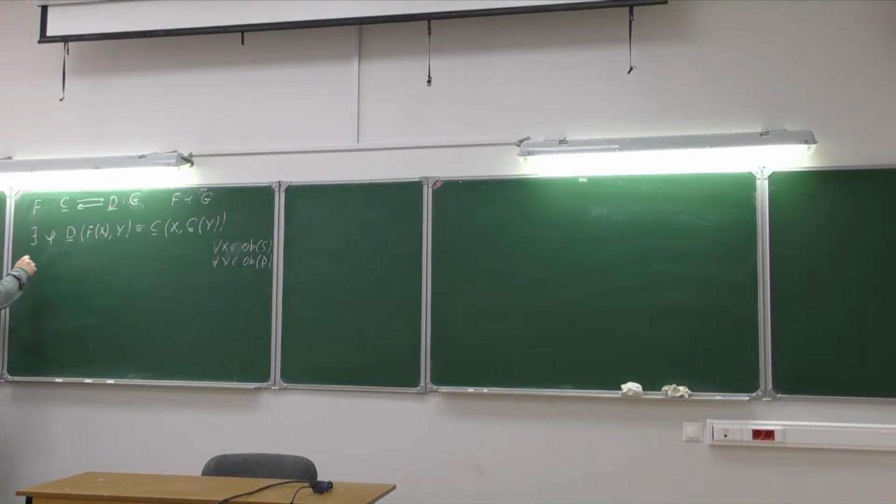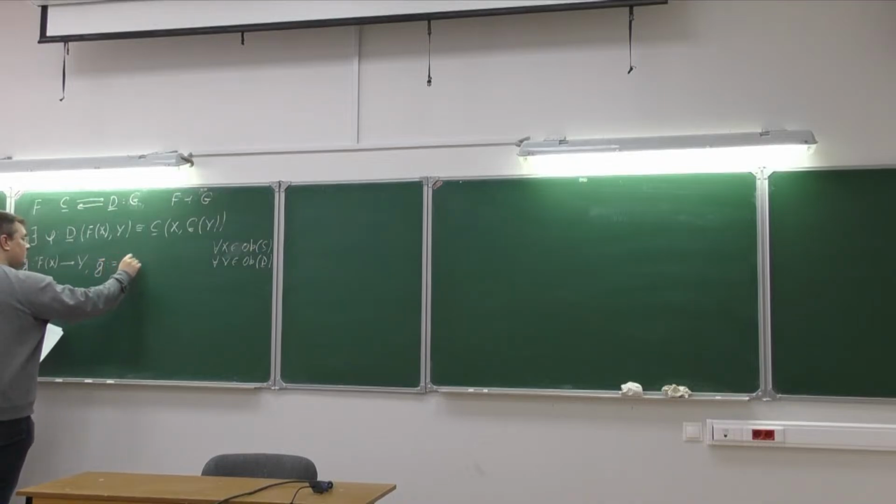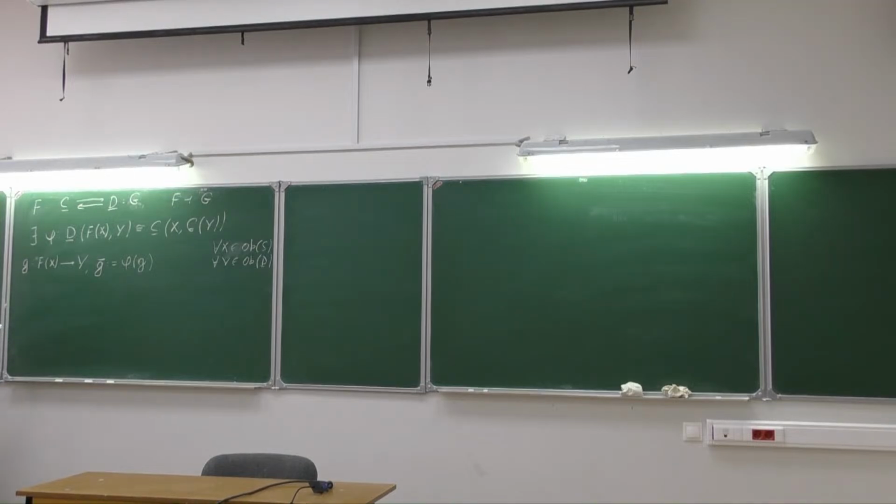and then I reformulated these naturality conditions in terms of two identities, quite important. So, if we, for example, say that g is a map from F of x to y, this is precisely notation from the previous lecture. Then, by definition, I call g bar the result of the application of the map phi to g, and the same in the other direction.